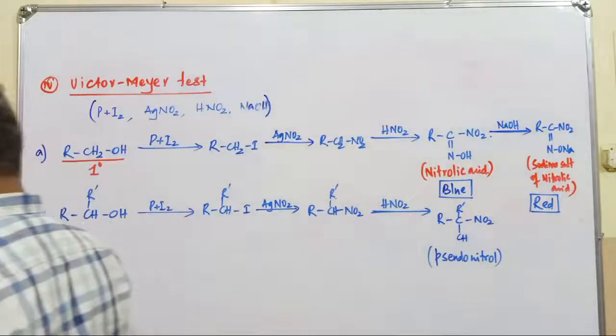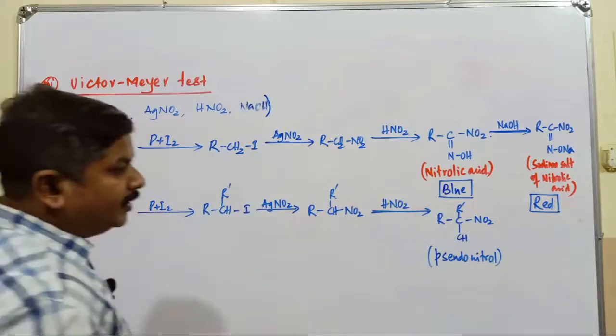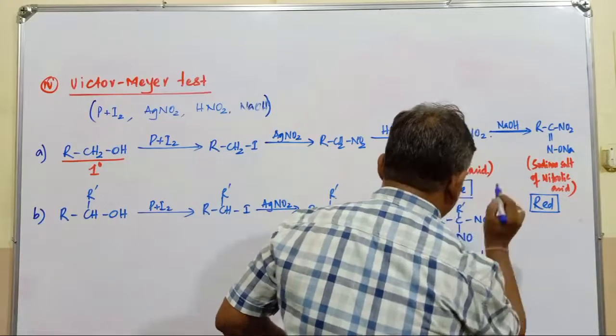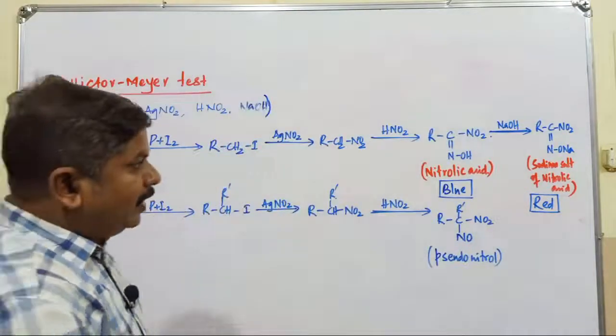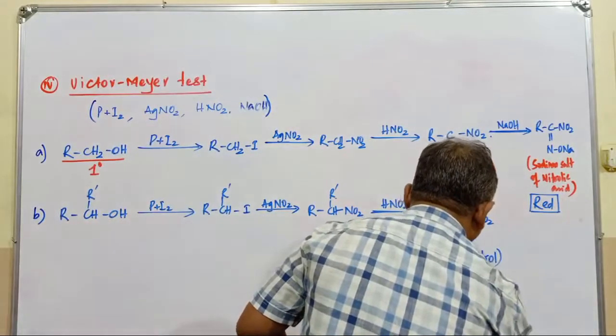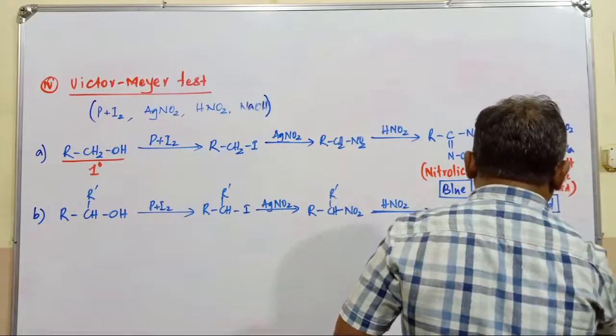The pseudo-nitrole compound is formed here. The color of the pseudo-nitrole is again going to be blue in nature. Further, this is treated with sodium hydroxide.